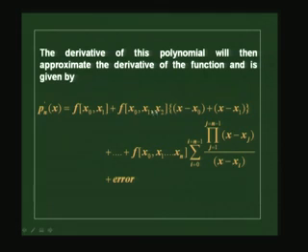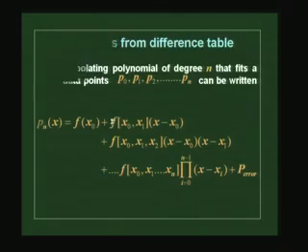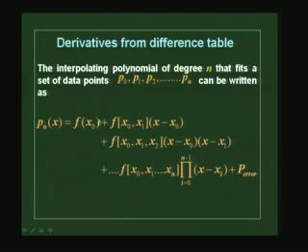Look at this second order term, and the first order term. The derivative of the constant does not appear, and the first term's derivative would be just f of x0 x1. The next term would be f of x0 x1 x2 times the first order term, that is, x minus x0 plus x minus x1.